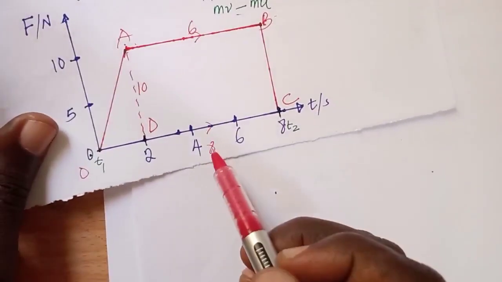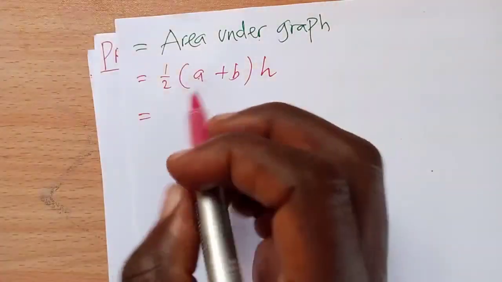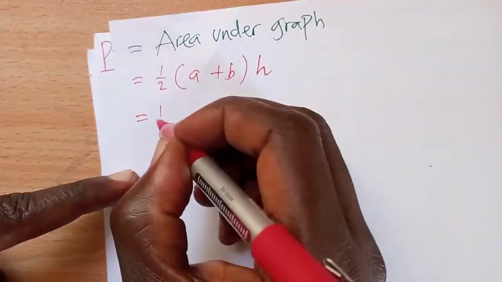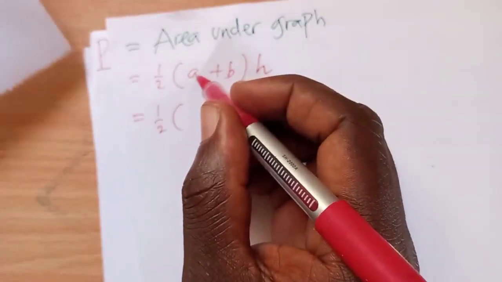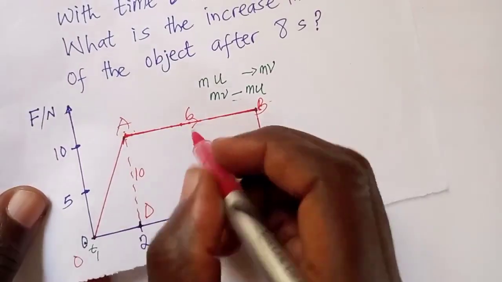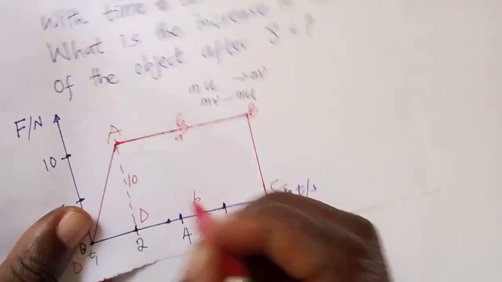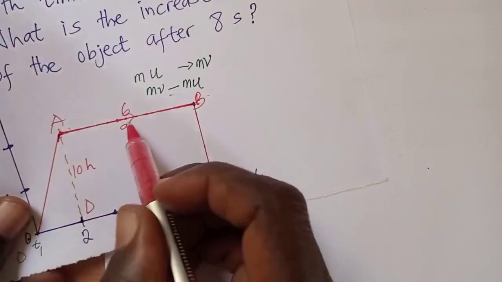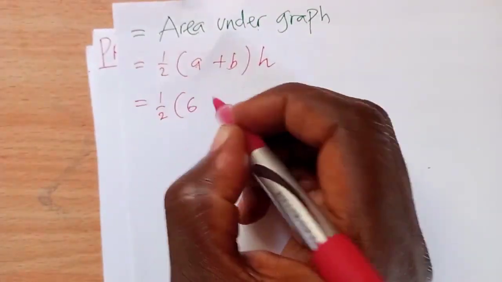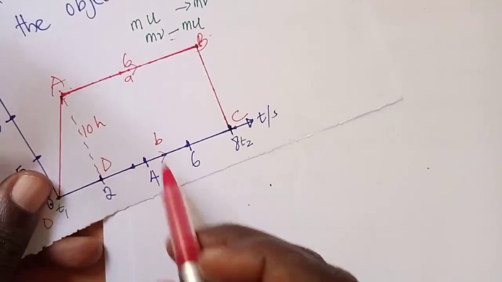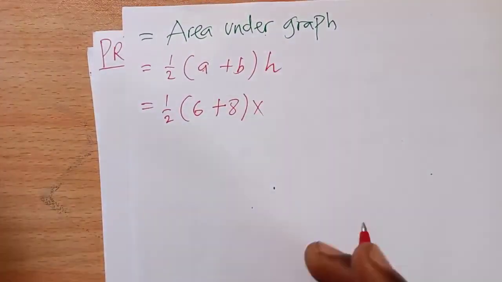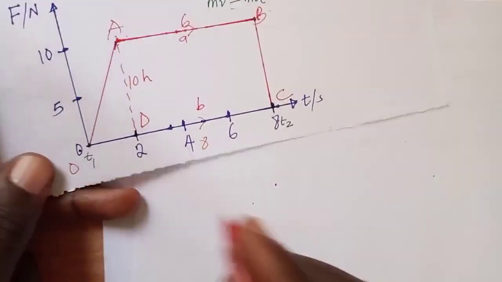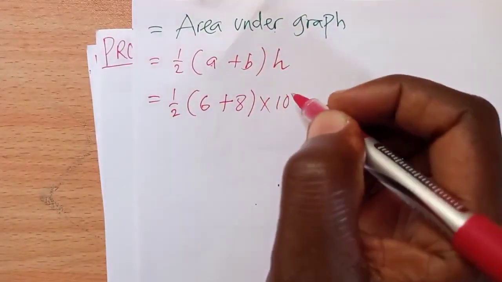So this is equal to half into my A, which is 6, plus my B, which is 8, multiplied by my H, which is 10.